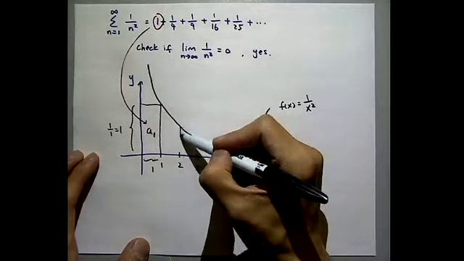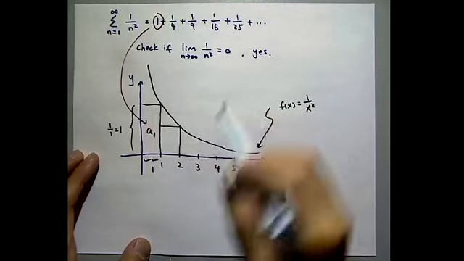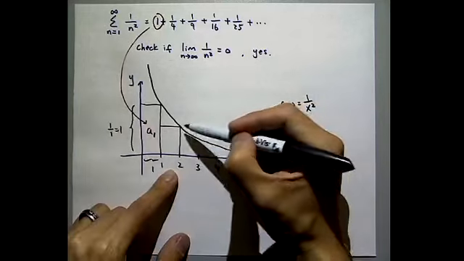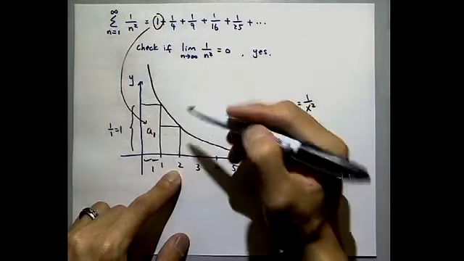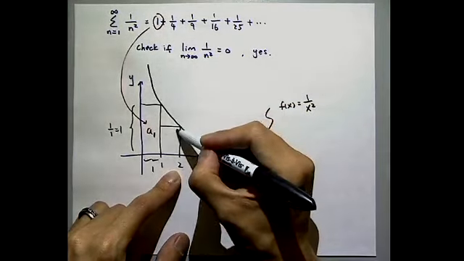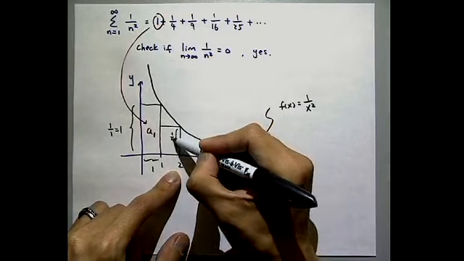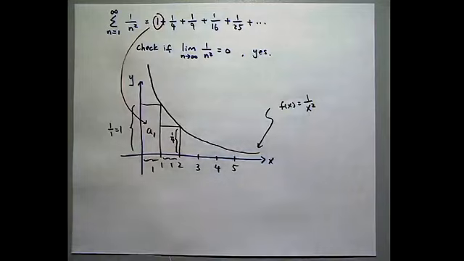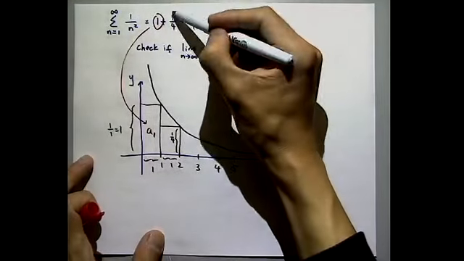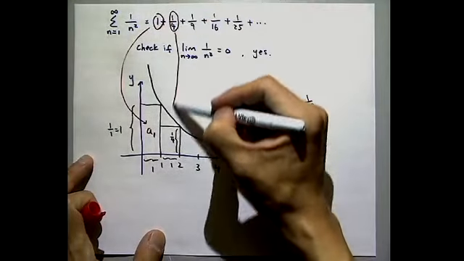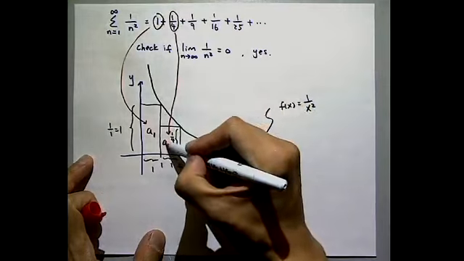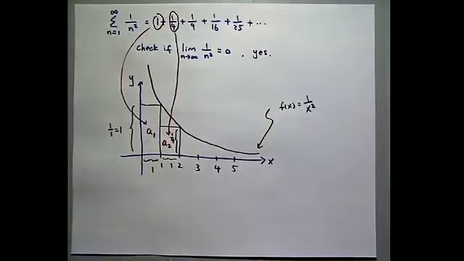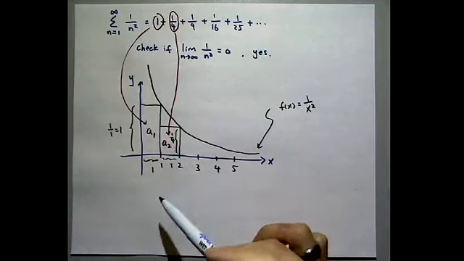Same thing happens with the second one. Right? And the second one here, the height is 1 over 2 squared. So the height is 1 over 4. The width, of course, is kept at 1. So 1 over 4 can be interpreted as the area of this rectangle right here.